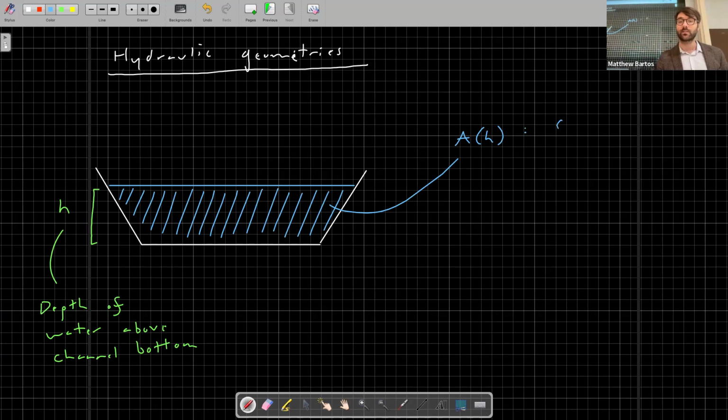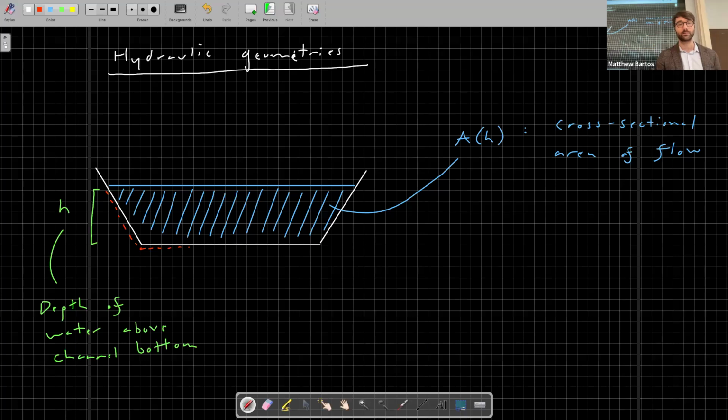This is the cross-sectional area of flow. And you can see it's going to be a function of the depth of water in the channel, as well as parameters that define the geometry of the channel itself. Another key parameter that we're going to need to know, specifically for computing the frictional losses, is the wetted perimeter. That refers to the perimeter that is in contact with the water.